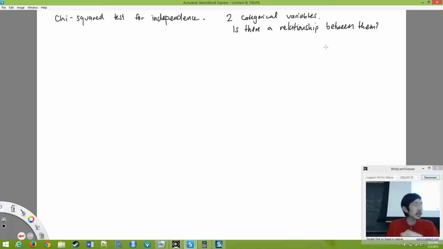This is in contrast to the Chi-squared Goodness of Fit test, where you just have 1 categorical variable and preset proportions in mind that you're testing. Here you have 2 variables. You don't have any proportions in mind. You just want to see if there is a relationship between the variables.